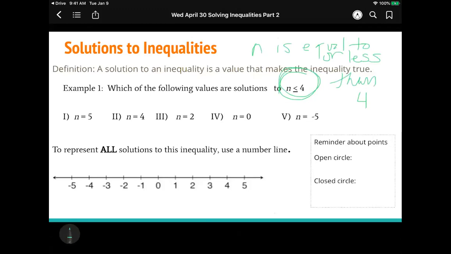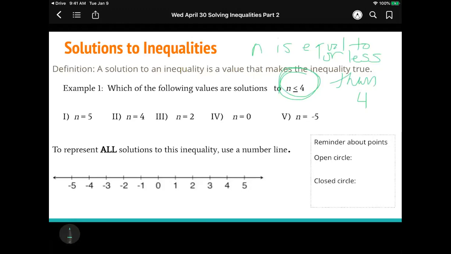So in this case, and again, you can type it or you can say it, which of these values would make this true? 1, 2, 3, 4, and or 5.